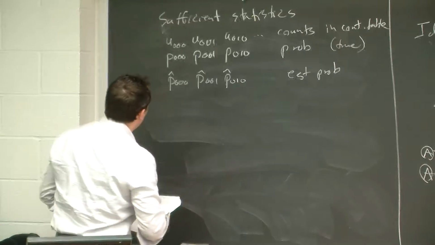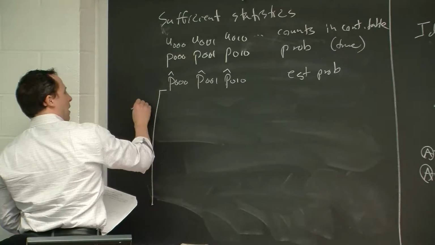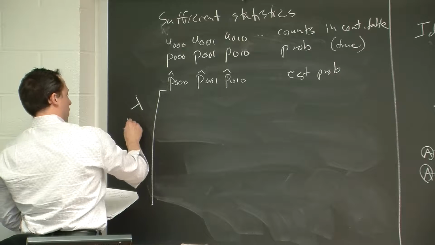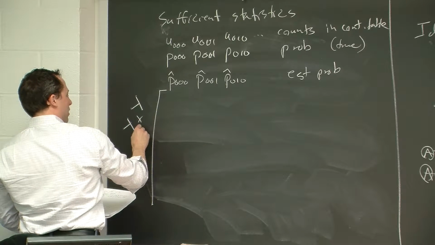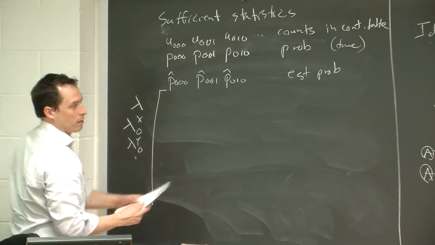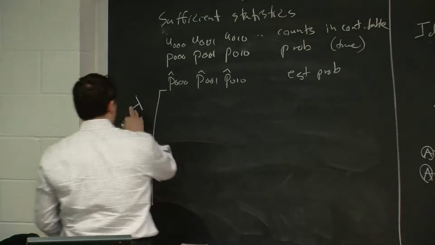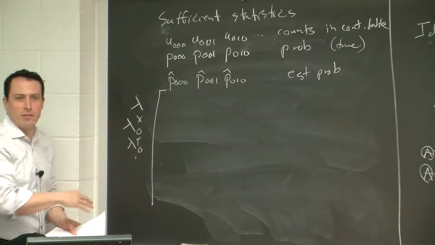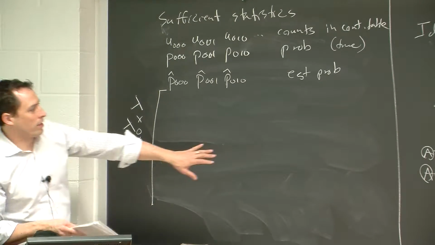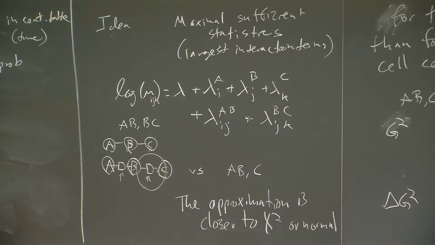So those are our columns, and then our rows are labeled by our parameters. A global parameter, the first variable, the second variable, and so on, and interaction terms that we want to include in the model. These rows index the sufficient statistics, or the subsets in our hierarchical model that we're counting.